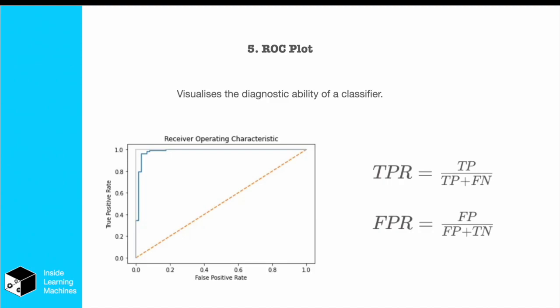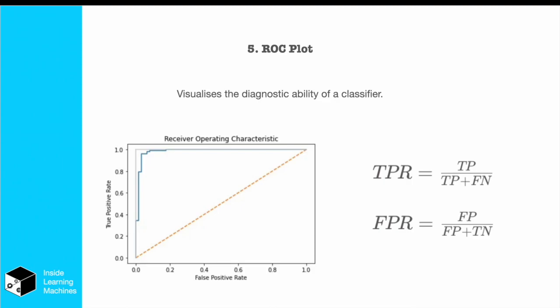The way we convert this probability into a class label is by using a threshold value. Now, normally the threshold value is just 0.5. And so any probability that's above 0.5 gets labeled to class 1. Any probability that's below 0.5 gets labeled to class 0.